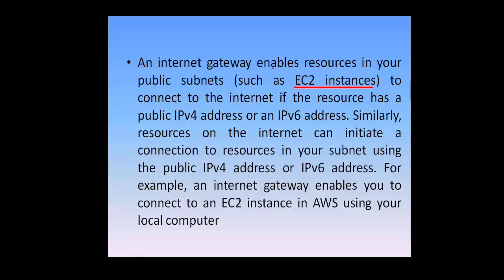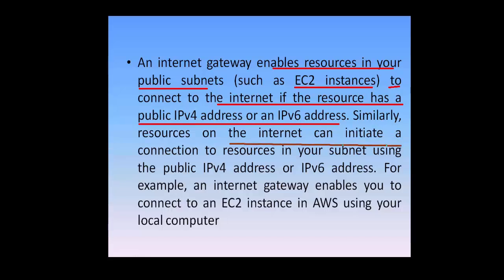So the internet gateway enables resources in your public subnet to connect to the internet if the resource has an IP version 4 or IP version 6 address. Similarly, resources on the internet can initiate a connection to resources in your subnet using your public IP version 4 or IP version 6.